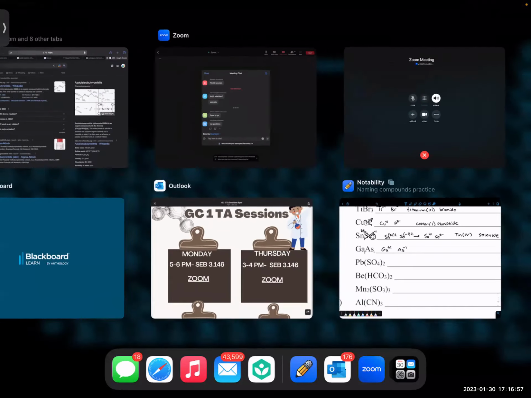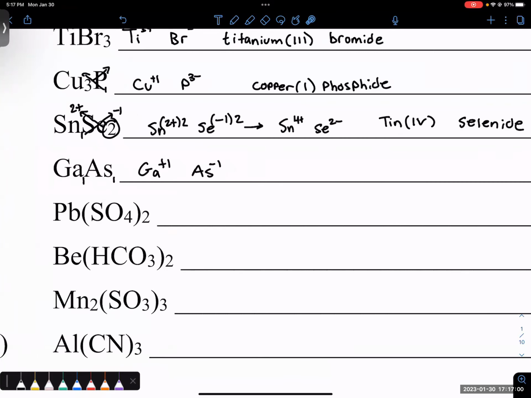Therefore, if it doesn't have a -3 like it should, what should we do? Say it high, loud with pride. Multiply it by 3, so that way we get the right charge on As. So now you get Ga 3+, As 3-.